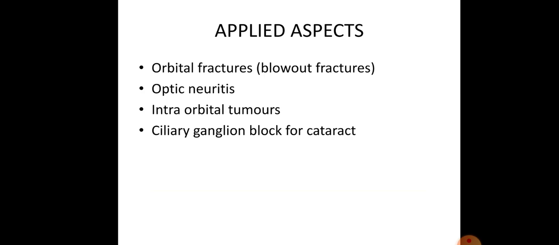Optic neuritis is inflammation of the optic nerve. Intraorbital tumors may cause a mass effect and compress the nearby nerves, blood vessels and cause symptoms depending on that. Ciliary ganglion block can be used for cataract surgeries. Thank you.